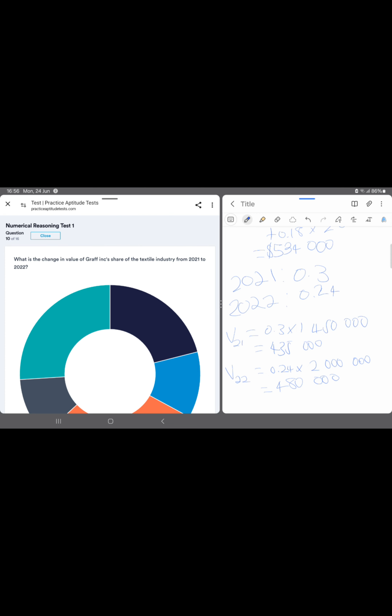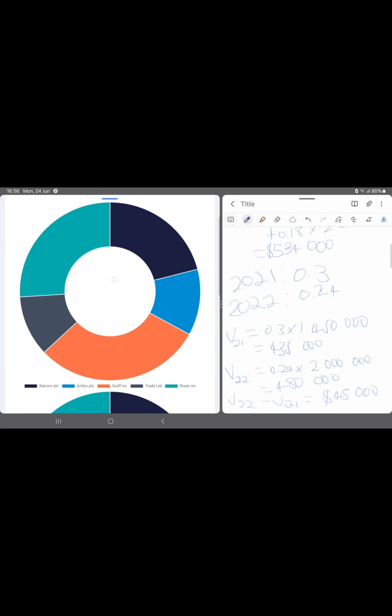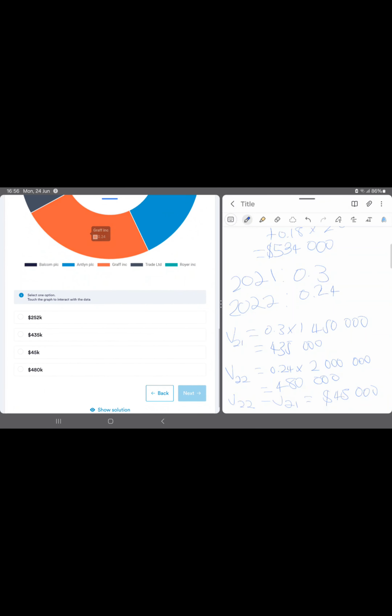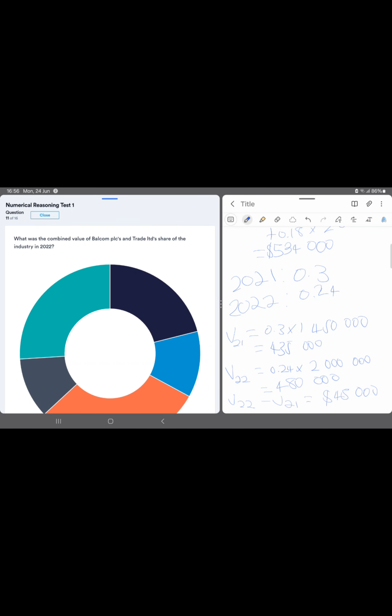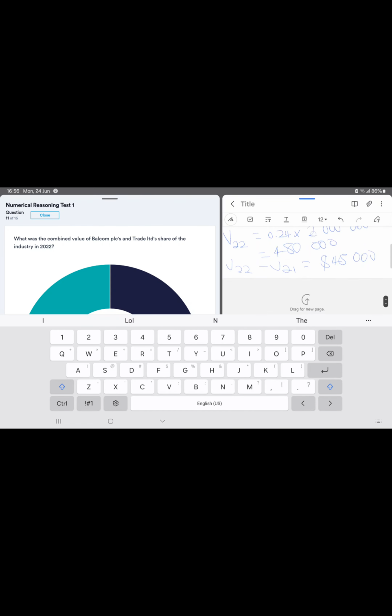So the change in value will be V22 minus V21, which is 480,000 minus 435,000, which is $45,000. Then looking at our options, that will be option number 3. And then going into the next question.